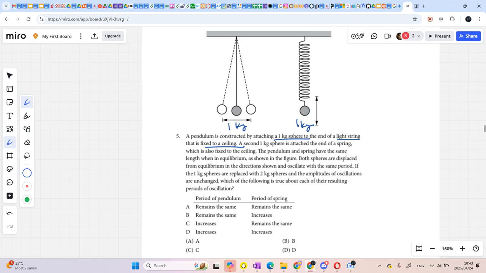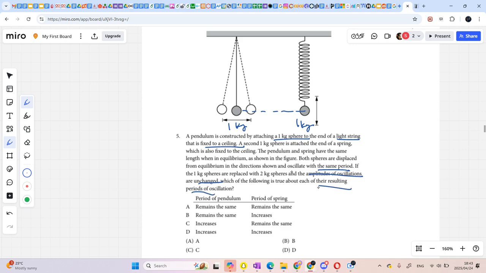The pendulum and spring have the same length when in equilibrium as shown in the figure. Both spheres are displaced from equilibrium in the directions shown and oscillate with the same period. If the 1 kilogram spheres are replaced with 2 kilogram spheres and the amplitudes of oscillations are unchanged, which of the following is true about each of the resulting periods of oscillation?